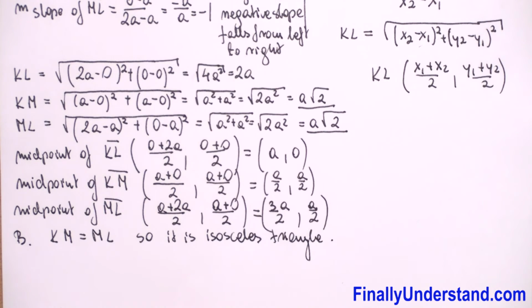And the last question, is it right triangle? To find if it is right triangle, we have to check the slopes of our lines.